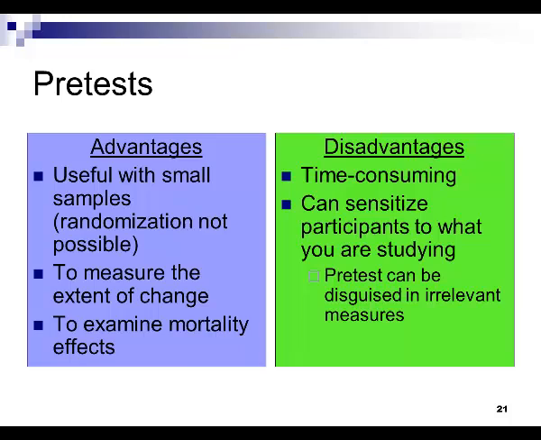So for example, let's say we were interested in a smoking cessation experiment where individuals sign up and agree to participate in an experiment where we are looking at whether or not we can help them to quit smoking.